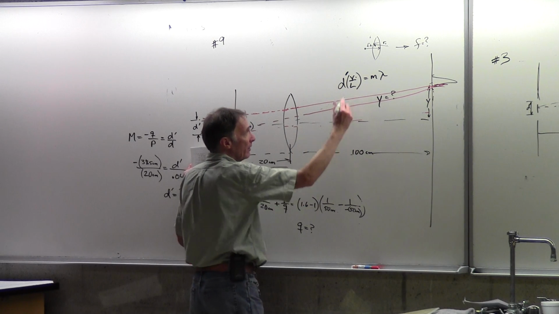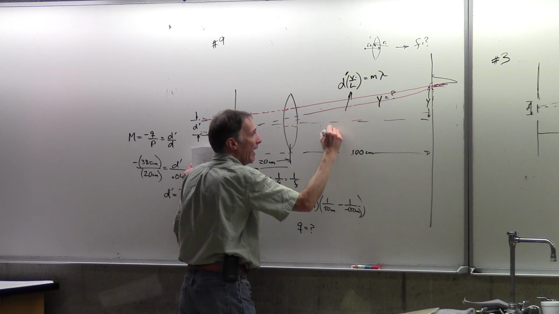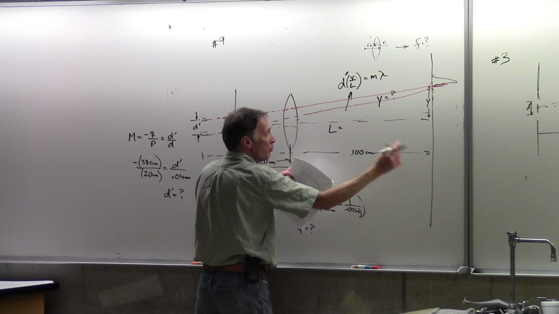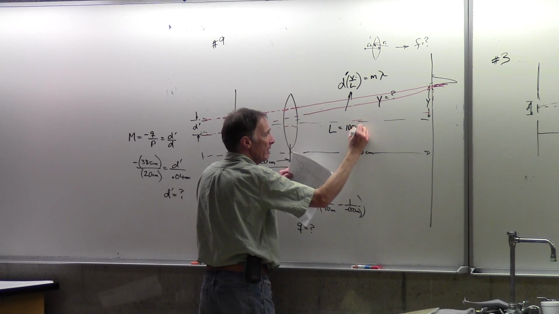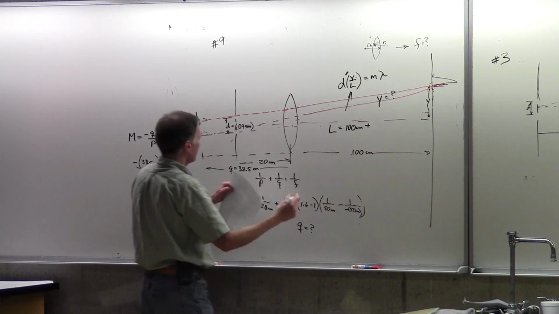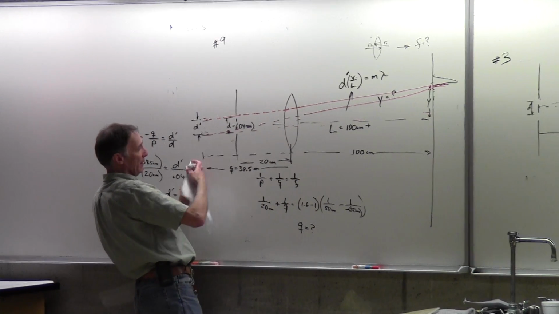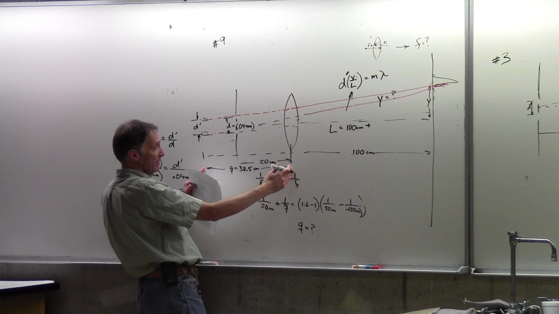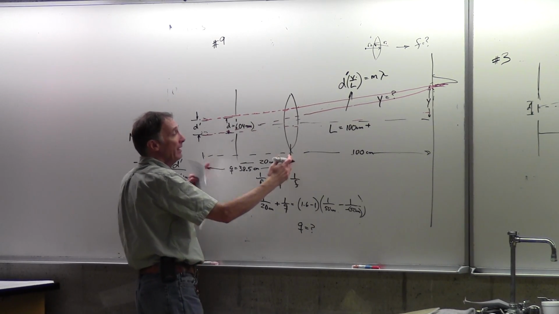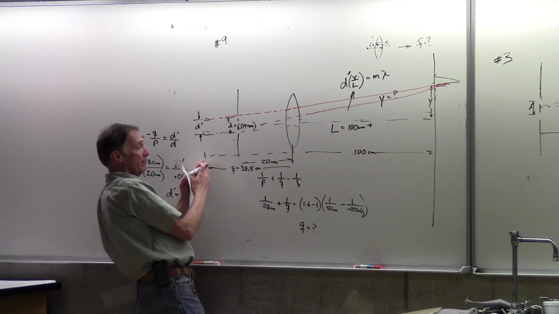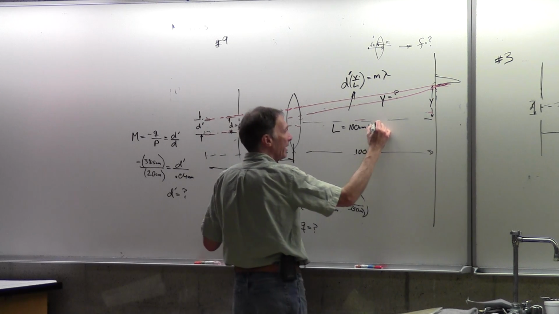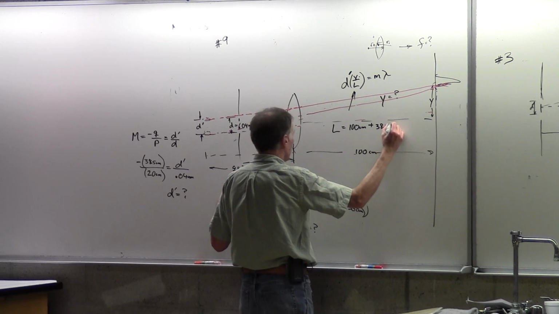In fact, L here, just to make this clear, is going to be not only this 100 centimeters, but it's going to be plus this whole distance back to the slits, or image of the slits. This is going to be absolute value, so that's going to be plus 38.5 centimeters.